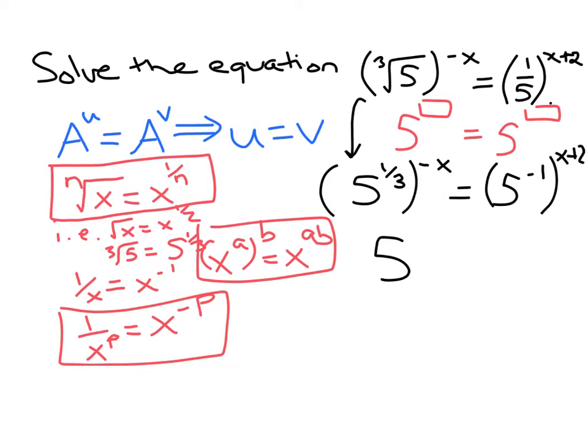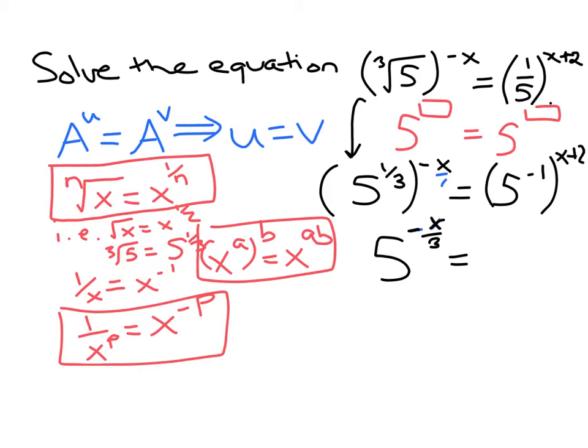We can multiply that, and to multiply it, you should multiply straight across. You can look at that negative x as negative x over 1, and multiply straight across. So 1 times negative x gives you negative x over 3 times 1. So the product there is negative x over 3.